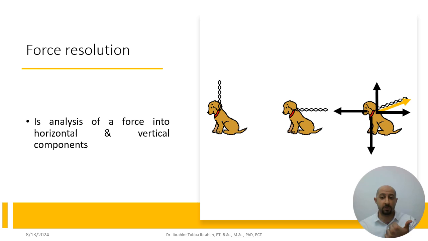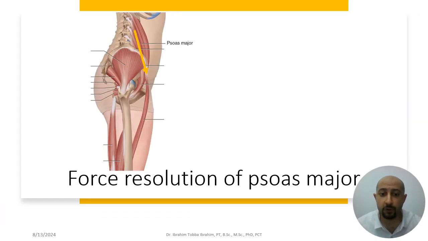Now we know what the cause-effect relationship is, we know disc prolapse, we know what the psoas major is and what force resolution is. Now let's combine them. The force of the psoas major can be described in two components. The first is horizontal, which is the main action of the muscle, trunk flexion, moving the trunk forward. The second is the vertical component.